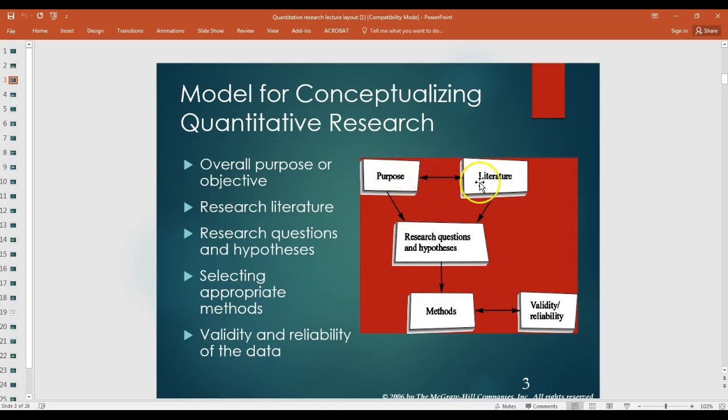The purpose leads to your problem and your question, which highlights your purpose, and from there you move to studying the literature out there that supports your argument or your purpose, and from there you write your questions and hypotheses and then start your methodology section. Then you discuss your validity and reliability.